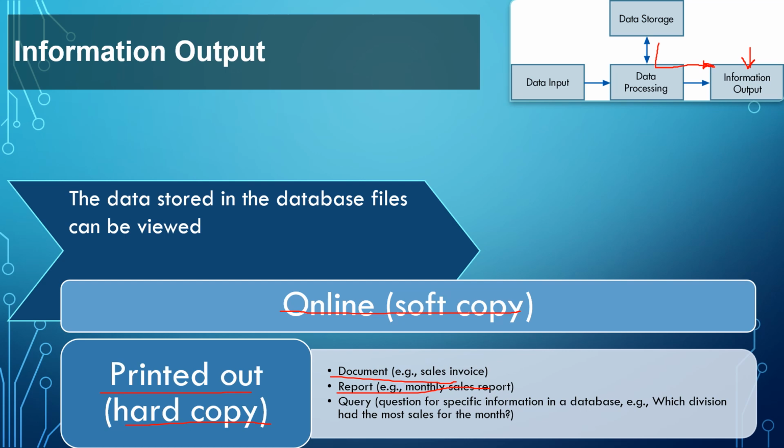Then we have the query. A query is asking questions to the system, or the data management system, to get the answer from it. For example, which division had the most sales for this month, or such questions.